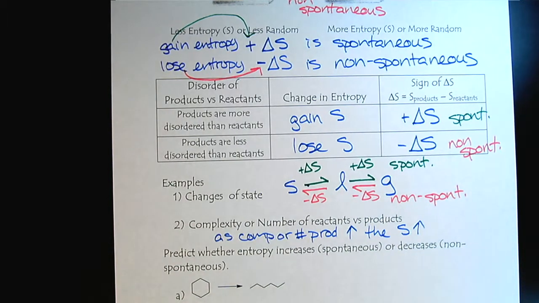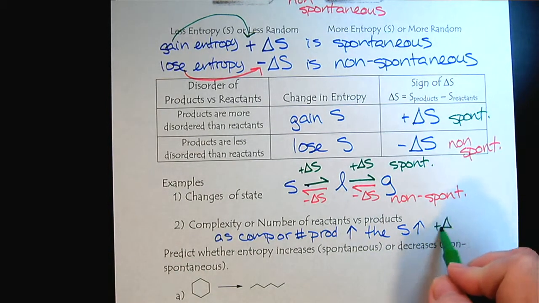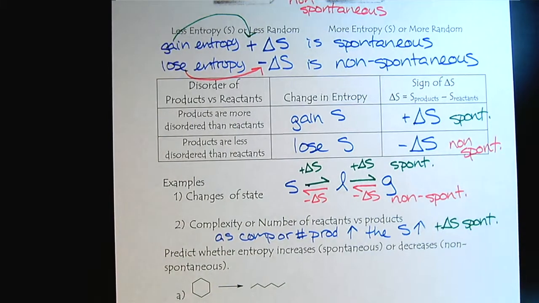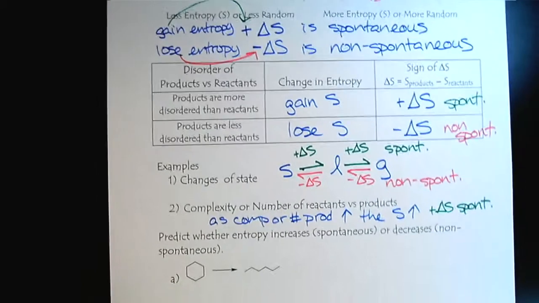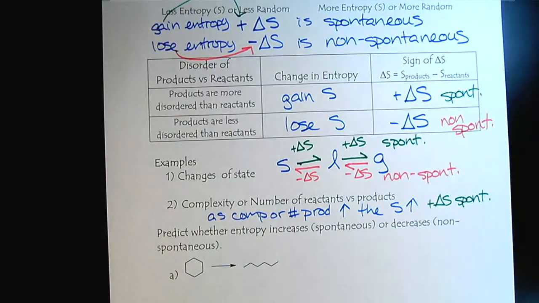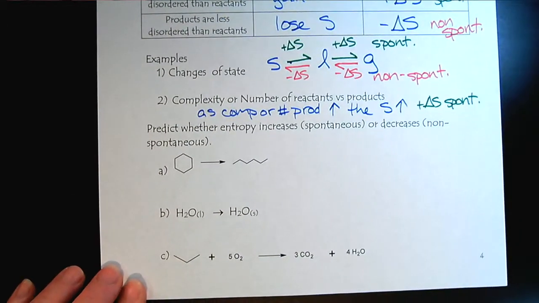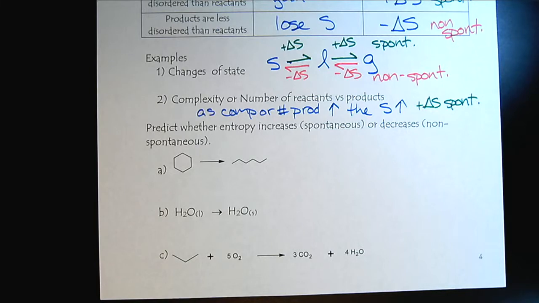And so we would say that that is a plus delta S and spontaneous. And obviously the reverse would go the other way. So there we have the concepts, but let's practice applying them. We have the knowledge, let's build the wisdom.